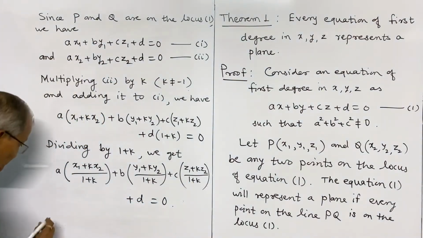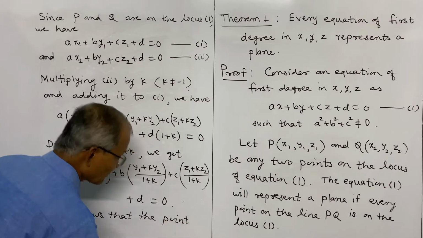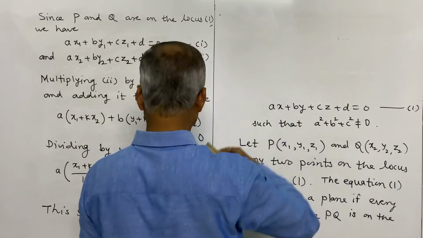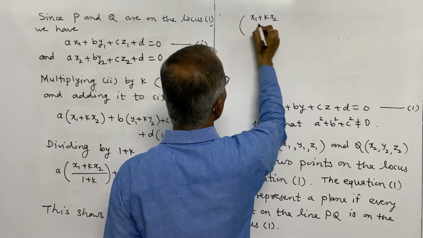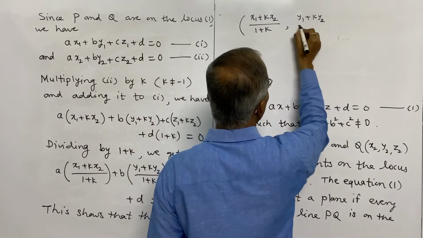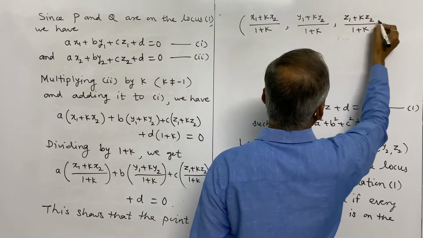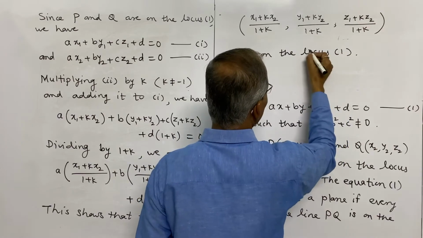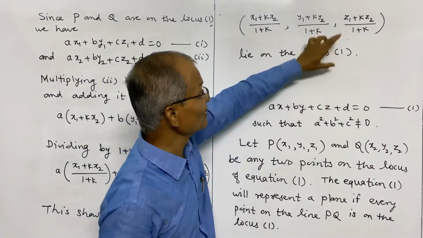So this shows that the point whose coordinates are x1 plus k times x2 divided by 1 plus k, y1 plus k times y2 divided by 1 plus k, and similarly for z, lies on the locus represented by equation 1, because these coordinates satisfy this equation, a into this plus b into the y coordinate plus c into the z coordinate plus d is equal to 0.